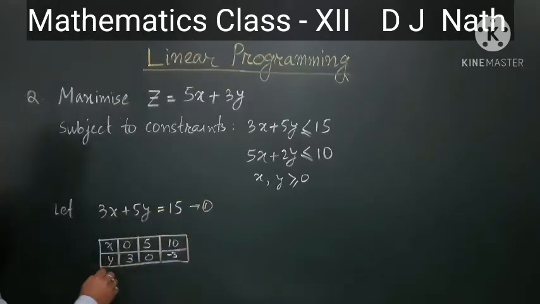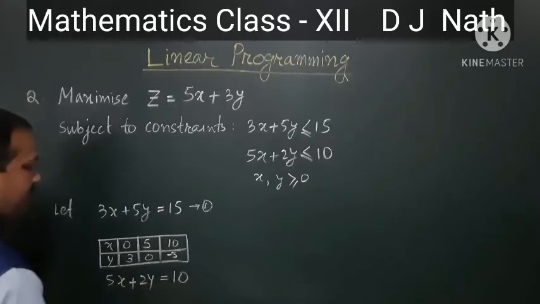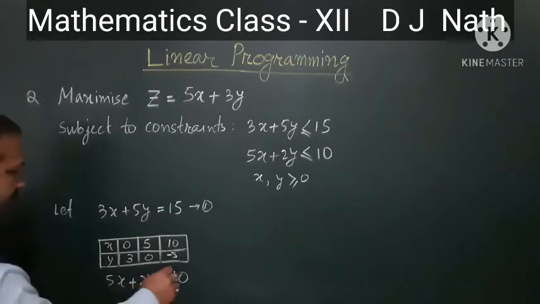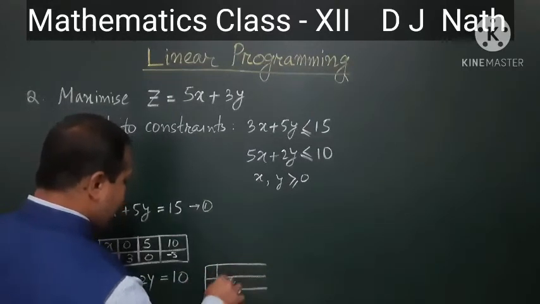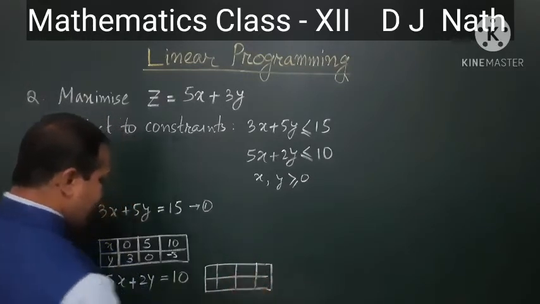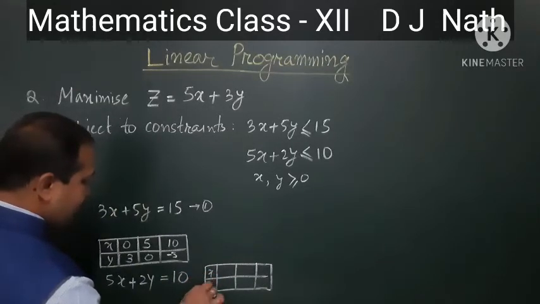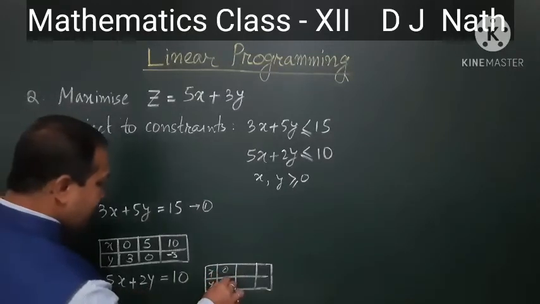Okay, the number 2 constraint is 5x + 2y = 10. In that case also, what will be the coordinate points? We will find out. Here also, if x is 0, then y is 5.